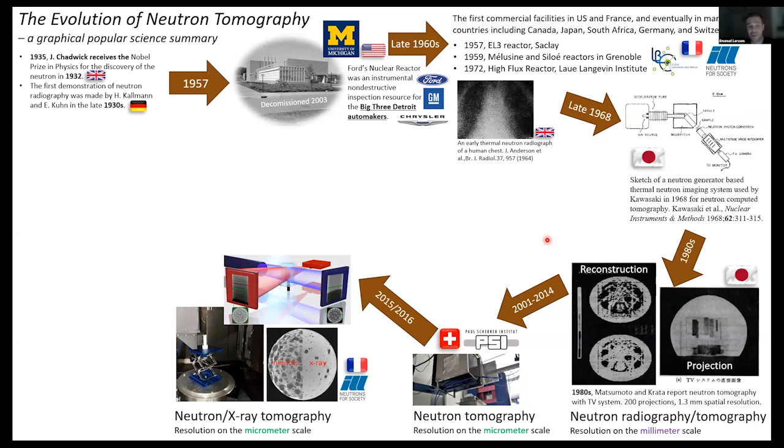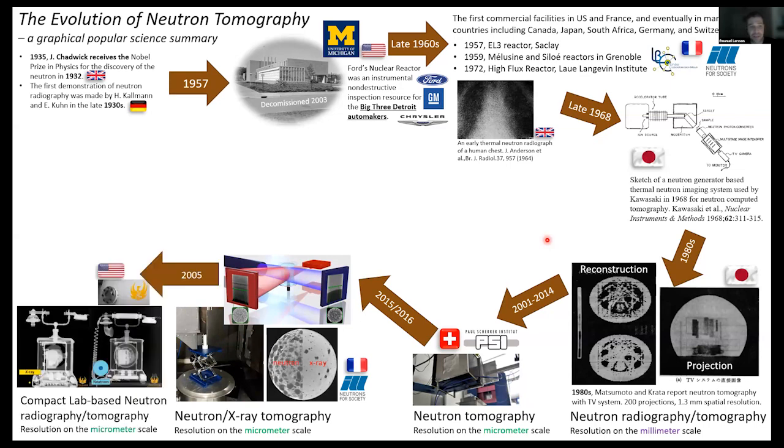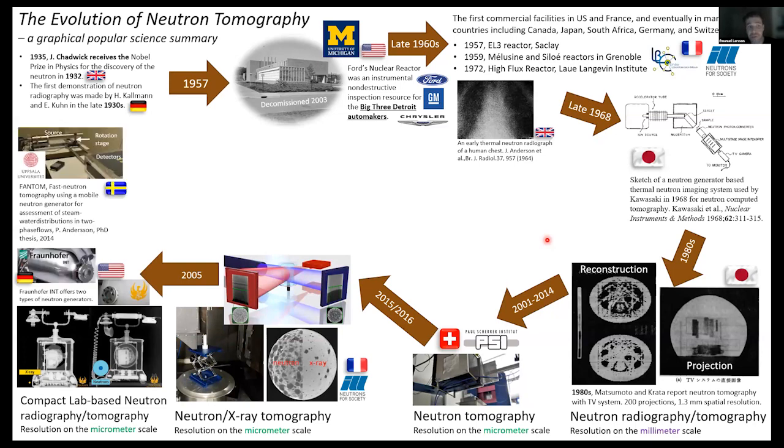So you can do sequential or combined X-ray neutron tomography to take advantage of both contrast modes. There are also companies producing smaller sources of both X-rays and neutrons. And also in Uppsala, Sweden, at Uppsala University, they have constructed, as part of a PhD thesis, a more lab-based version of neutron tomography.